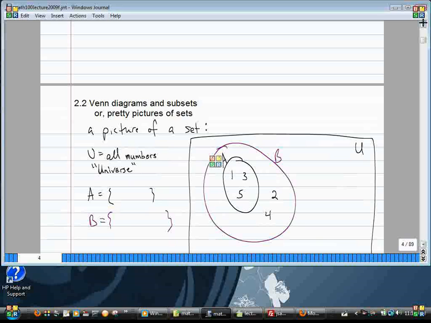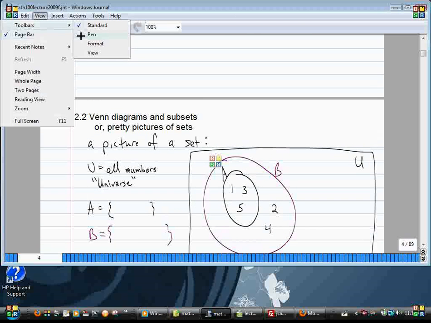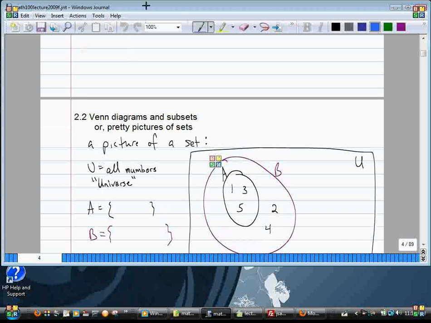Now, what elements are in set A? 1, 3, and 5. Now, what elements are in set B?